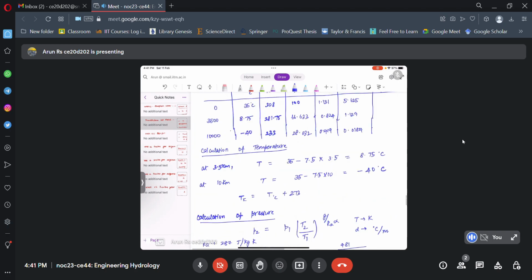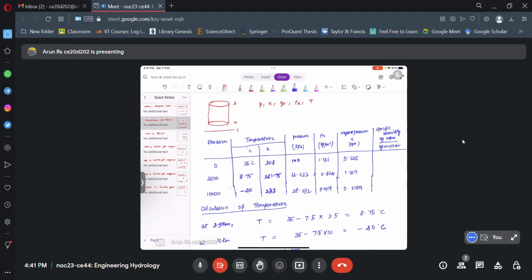So we have estimated the specific humidity at different levels.